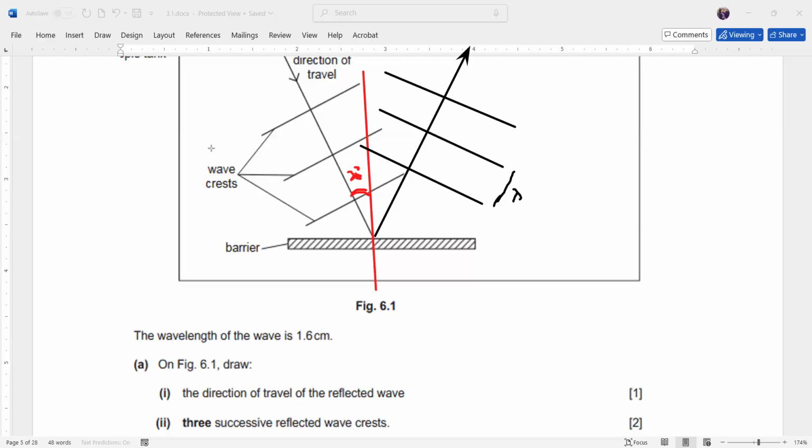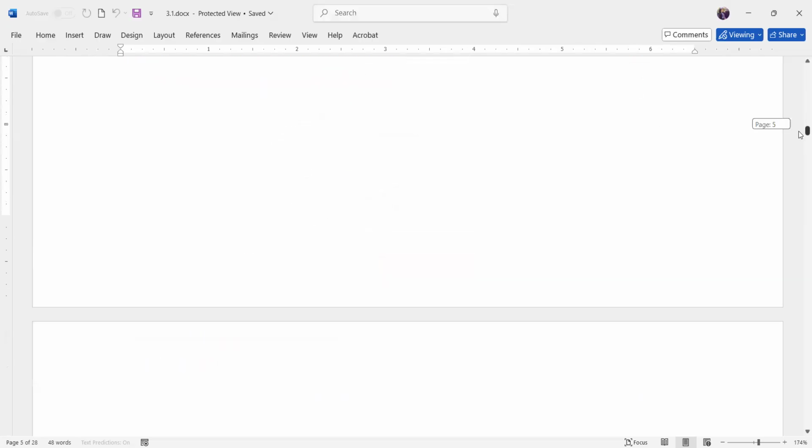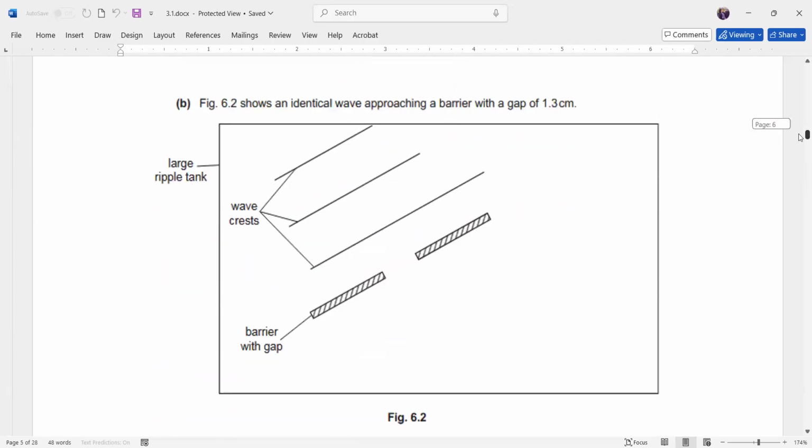Then next we have figure 6.2, which shows an identical wave approaching a barrier.